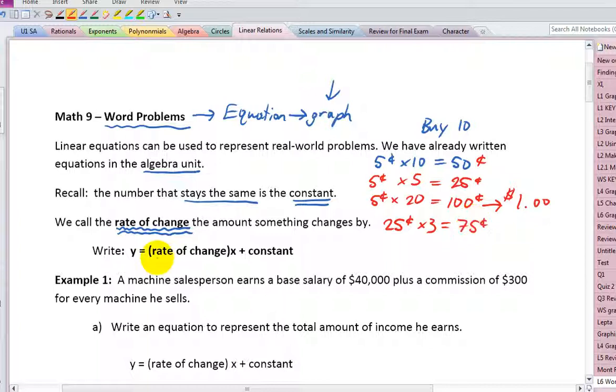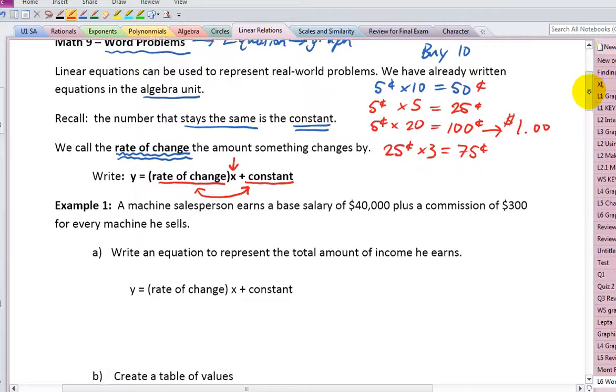So what we're doing is taking our rate of change, multiplying it by x, and adding the constant. You want to make sure for each problem you can clearly identify which one's your constant and which one's your rate of change. So let's have a look at the first example.